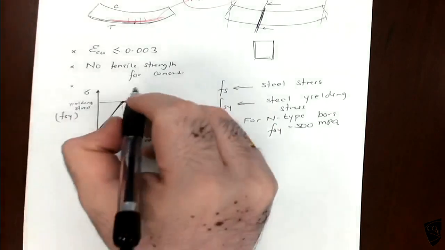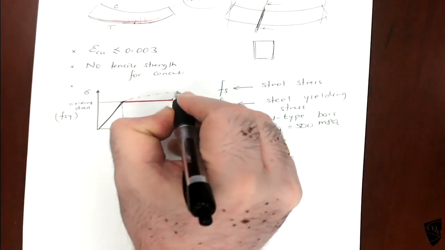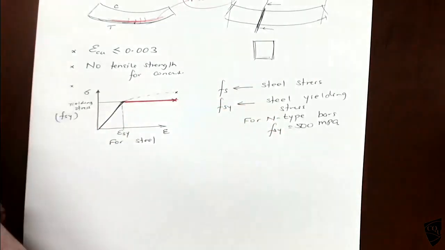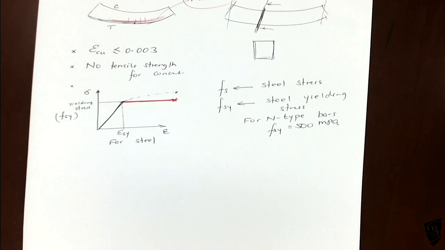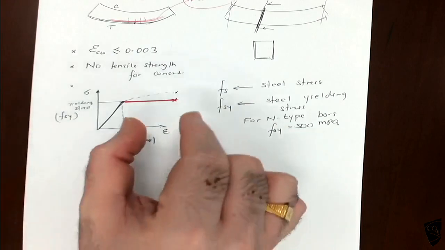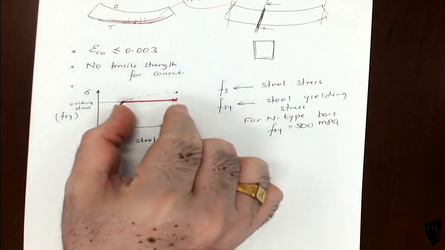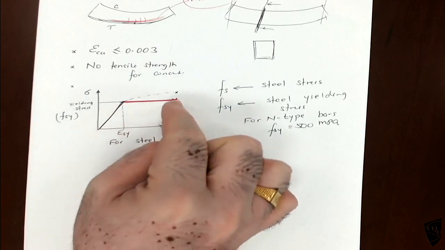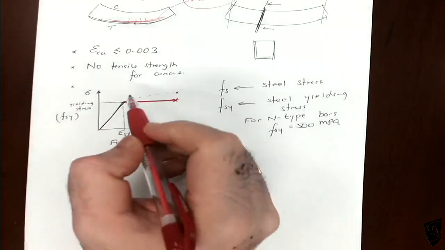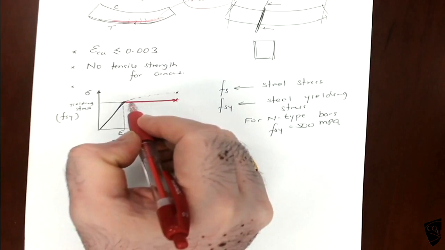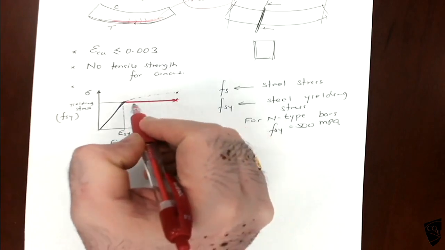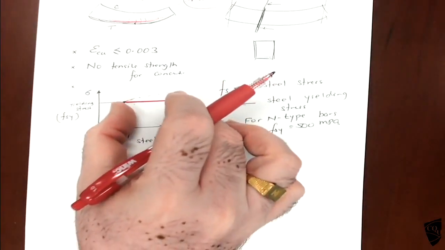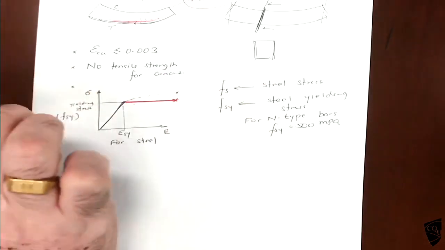In real life it's actually something like this. The fracture might be here. If the failure is somewhere here, or sometimes it may be somewhere here. So which one is better, here or there? Whether you want this one to be longer or shorter.